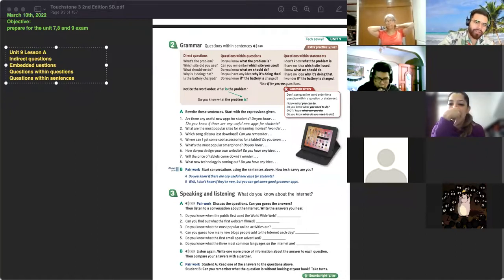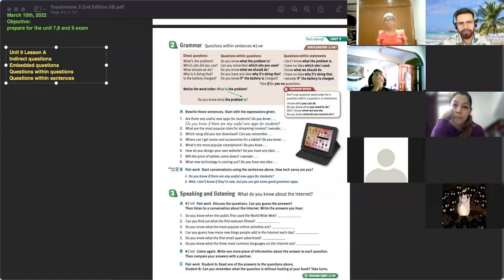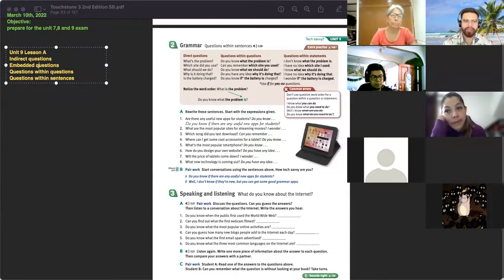Now, these are all the different names for the same lesson, but the name is not important. The function is important. Like, why do we use this?